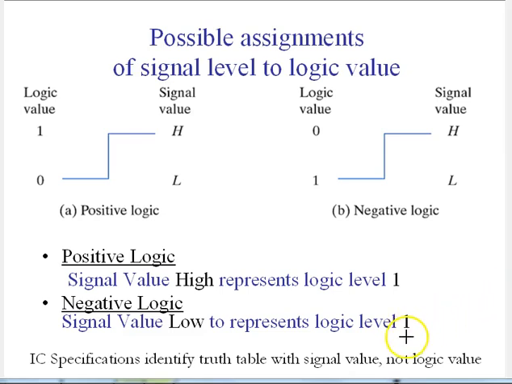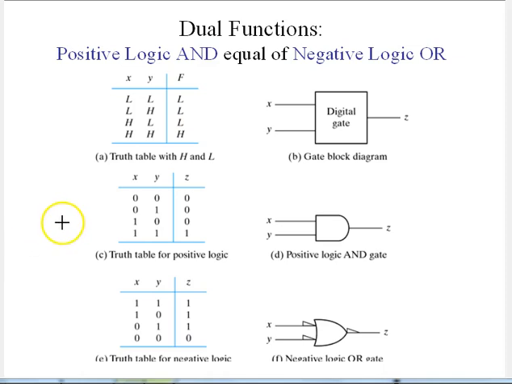So the IC specifications that we've seen identify the truth table in terms of the signal value, the voltage level of low or high, not with the logic value, because they're concerned with the electrical, not the logic design. If we look at an example of our dual functions, a positive logic AND is the equal of a negative logic OR.